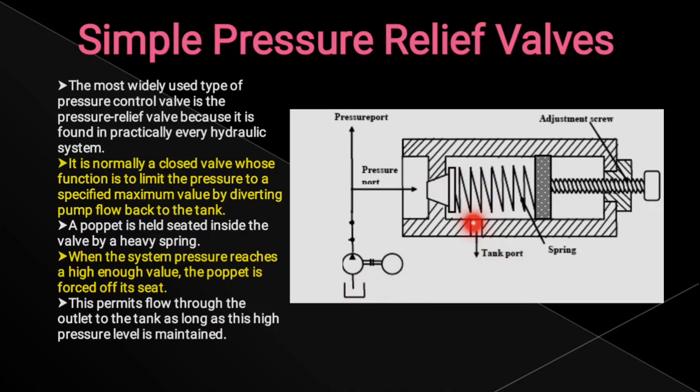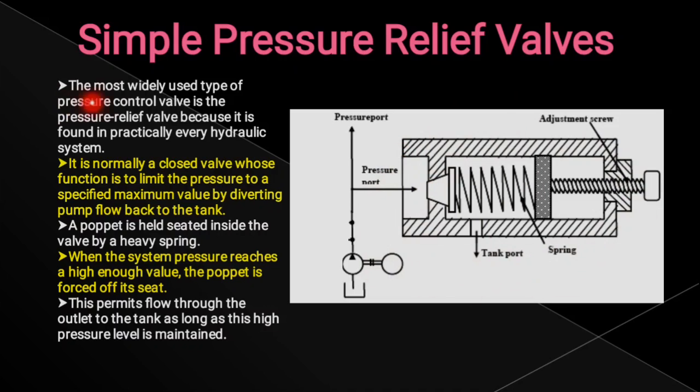This is the tank port. The spring is situated so that it should open only when the required pressure is reached. If the required pressure is reached, the spring gets compressed and the liquid is transferred to the tank port. That is how this simple pressure valve works.